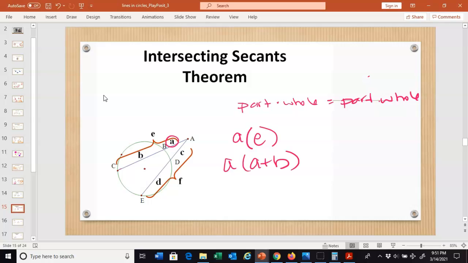So A plus B, or we've labeled it E. However you kind of want to imagine that. Equals the part, the outside piece, times the whole thing. So we could say F, or we could say C plus D. The way that we have this diagram labeled here. But it's the outside piece times the whole thing, and then the outside piece times the whole thing.